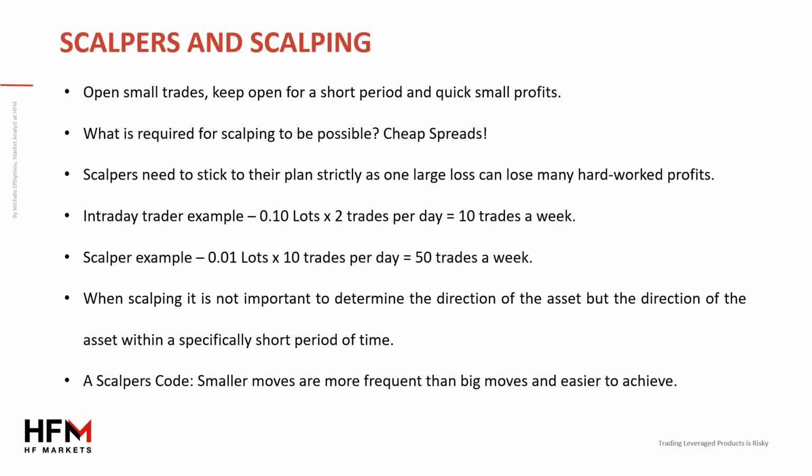Now, point number 3, scalpers need to stick to their plan strictly. And I'll just add here, stick to the exit point very strictly, because one large loss can wipe away profits from multiple trades.